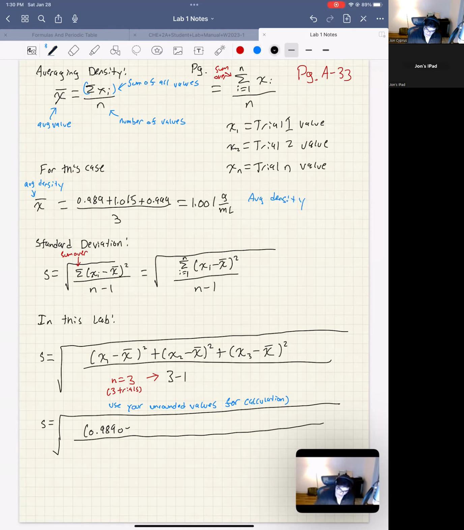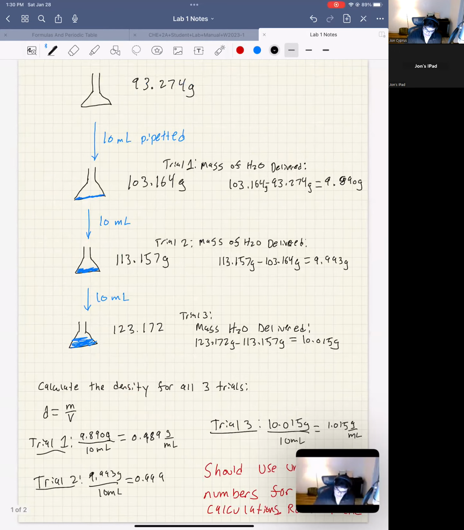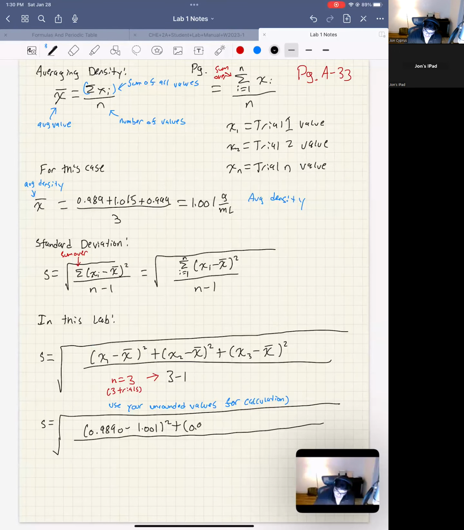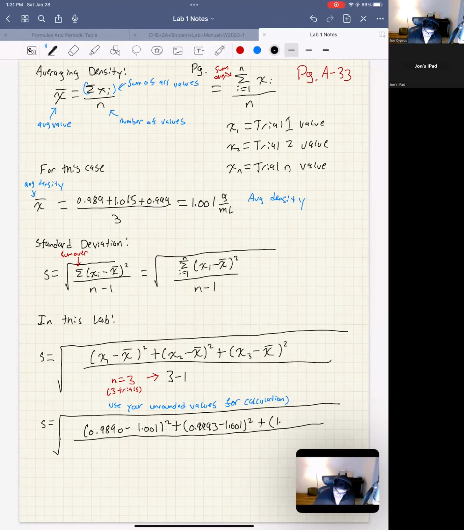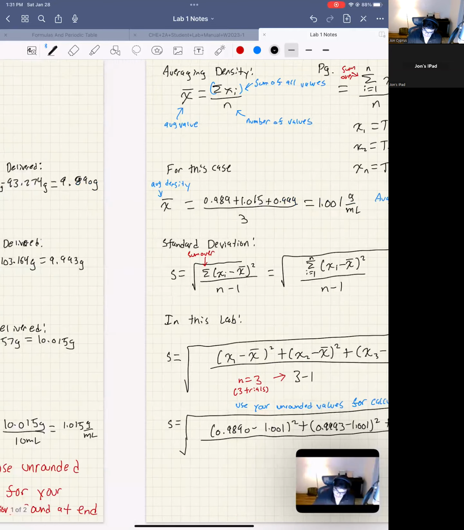So over here, I'm going to use 1.001. That is my unrounded value. I'm going to add these all up, for trial 2, it's 0.9993 minus 1.001 squared, plus, and then we have 1.015.